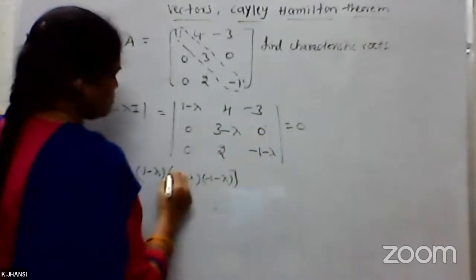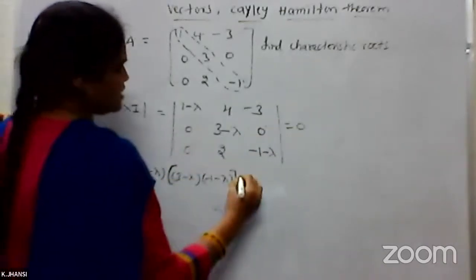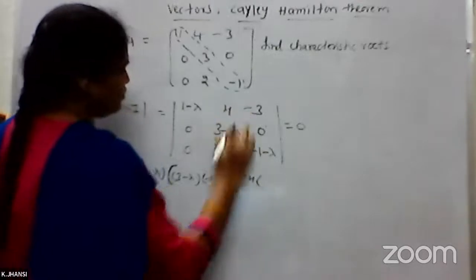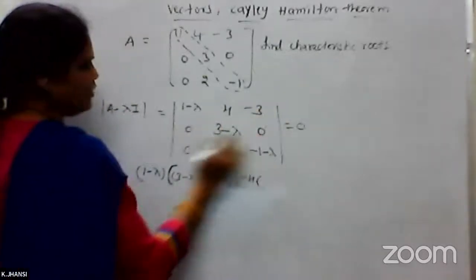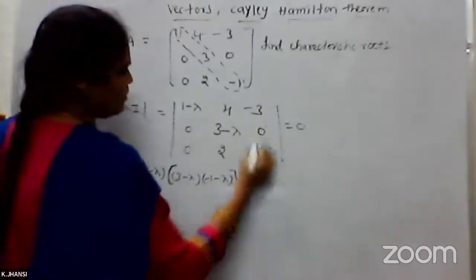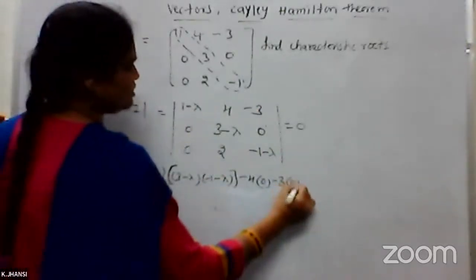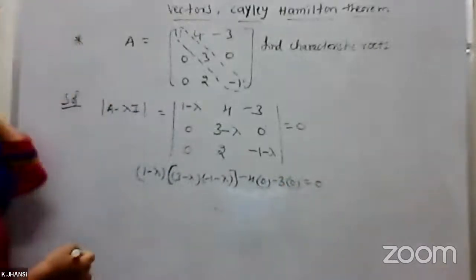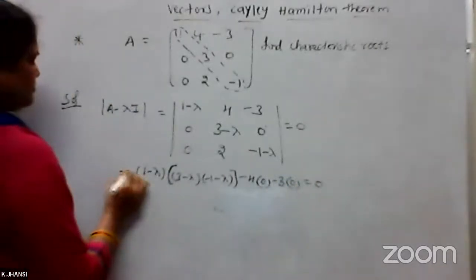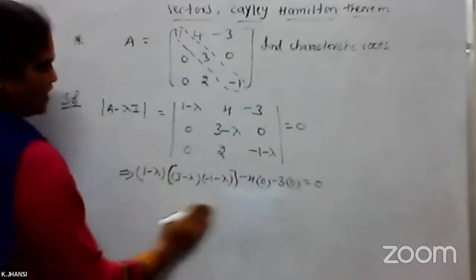The other term is 0, so only one value you will get. Next, minus 4 into, if you eliminate this row, 0 into this one, 0 into this one. So 0, minus 3 into 0 into 0, this is 0, equals 0 here. So only this part we have to simplify.